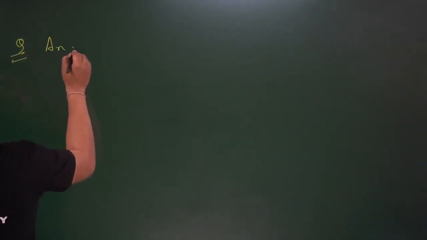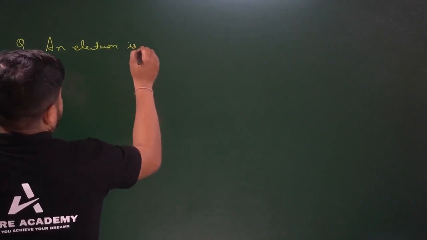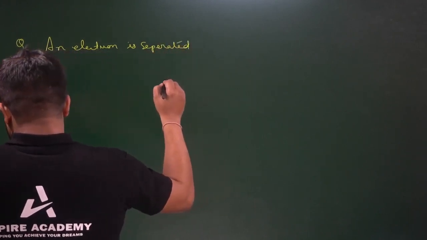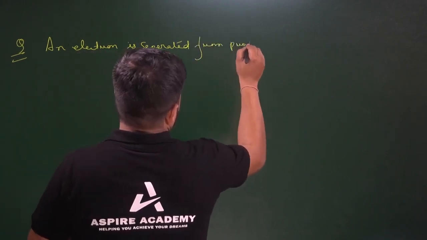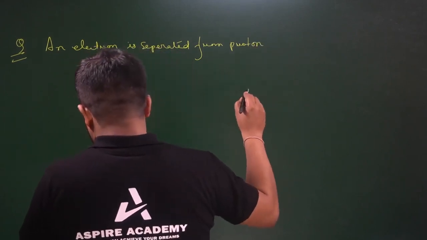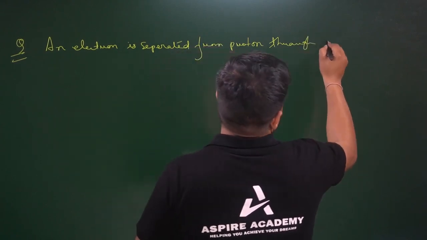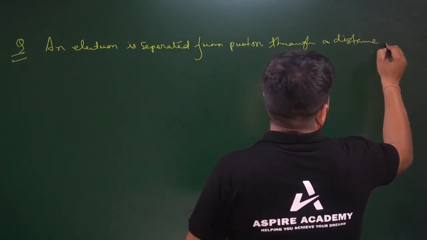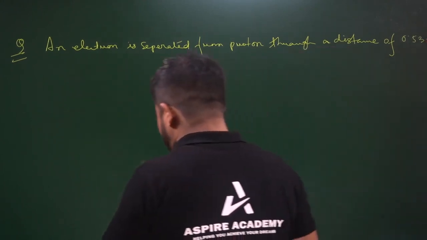An electron is separated from a proton through a distance of 0.53 angstrom.